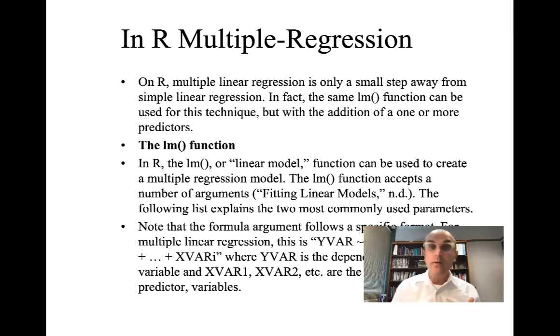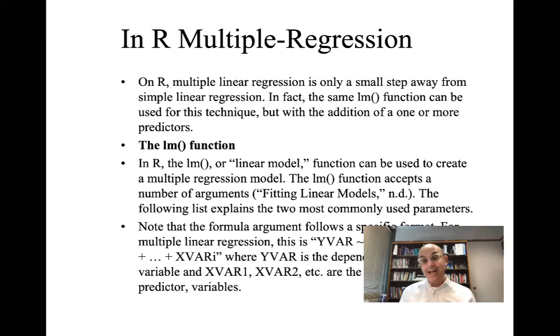In R, we also have multiple regression. And the function in R for multiple regression is lm. It is a linear model, which means the function can be used to create the regression model, and the lm function accepts a number of arguments.